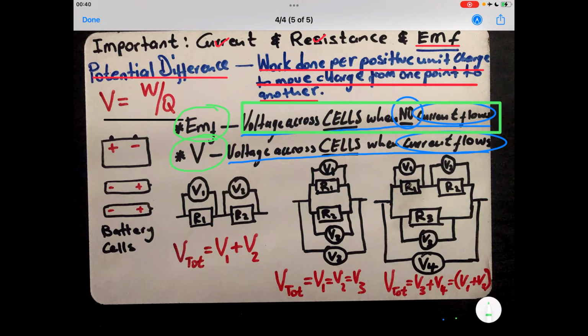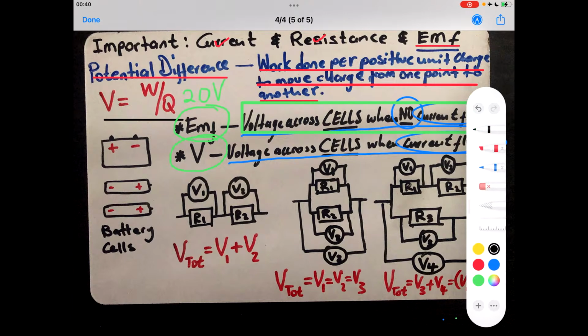So that means if you connect a cell or a battery while it is still new, maybe it is 20 V. While it is still new, honorable members, it has what we call the EMF being 20 volts.